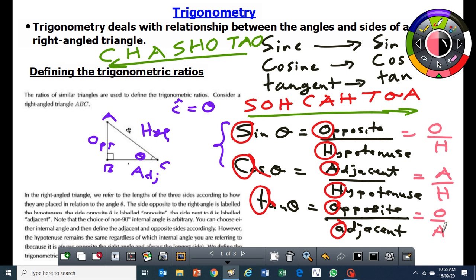Okay? And remember, the three trigonometric ratios are only used if you have a right angled triangle. If it's isosceles and not right angled, you can't use it. If it's a scalene, you can't use it.